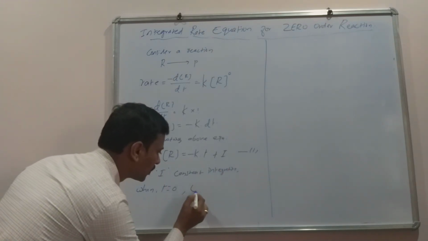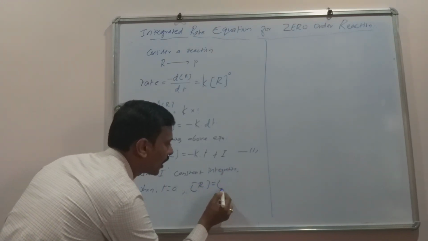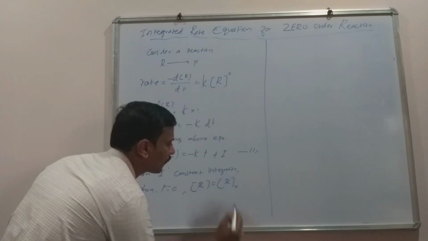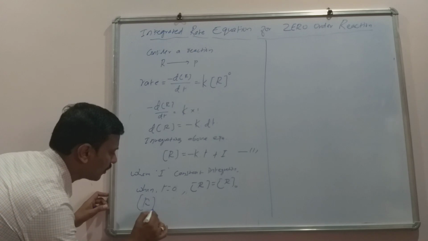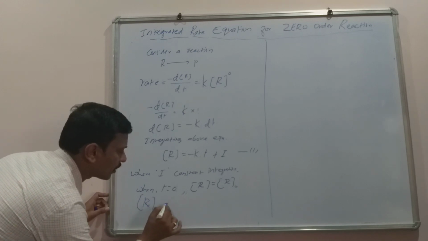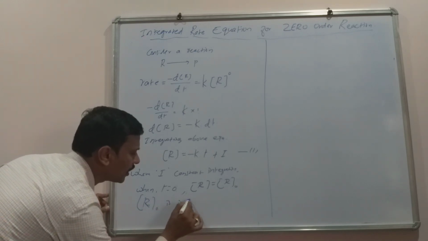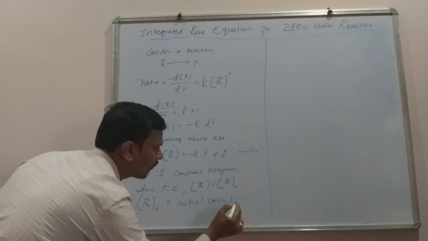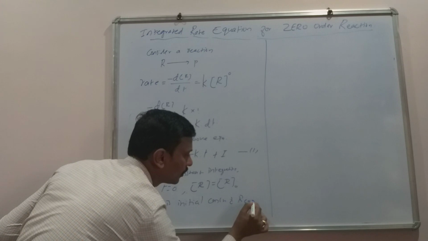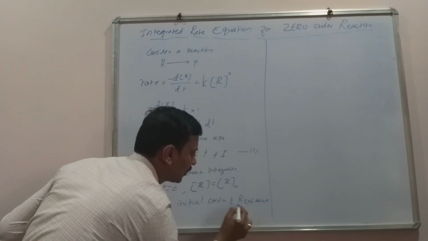When t is equal to 0, concentration of R becomes concentration of R naught. I think you already know what [R]0 is. Concentration of [R]0 is the initial concentration of reactant.